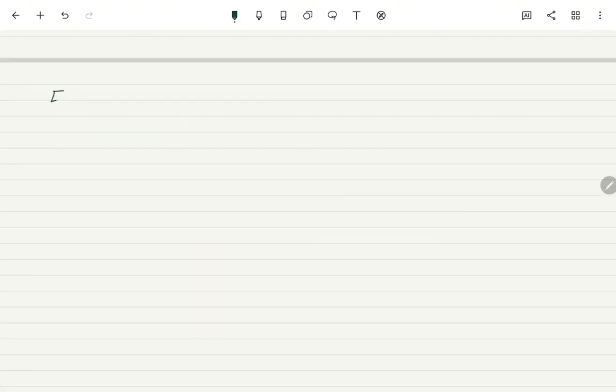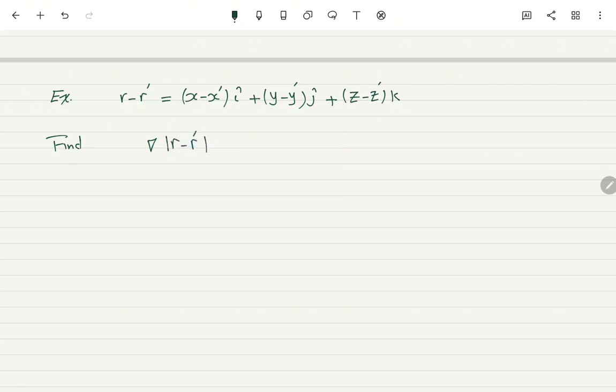Let's have another example. If you have a vector r − r′ equal to (x − x′)i + (y − y′)j + (z − z′)k, find A, gradient of the magnitude of r − r′, and B, gradient of 1 over the magnitude of r − r′.